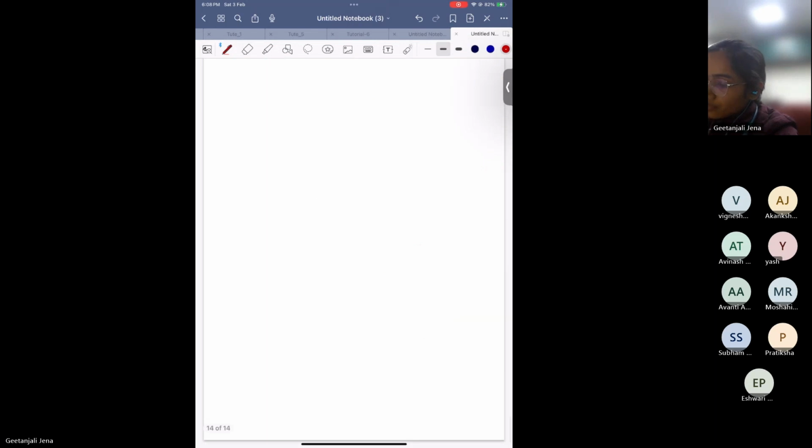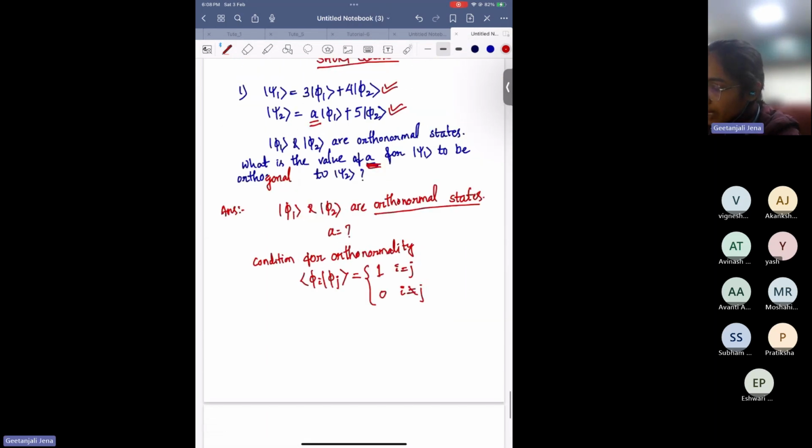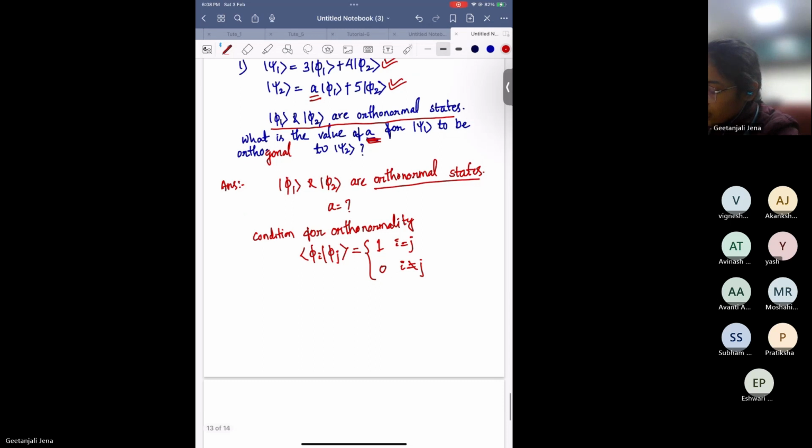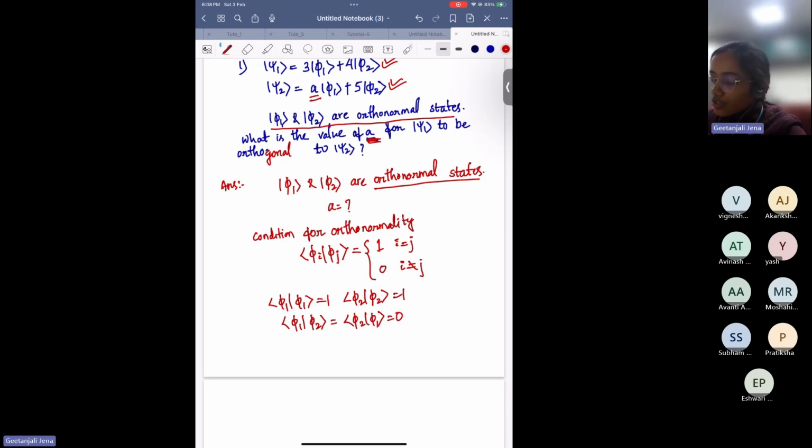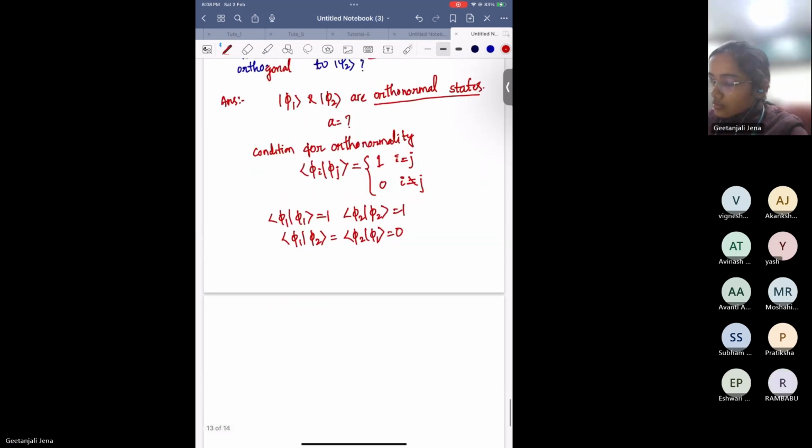Now given phi1 and phi2 are orthonormal states, this means the inner product of phi1 with phi1 equals 1, phi2 with phi2 equals 1, but phi1 with phi2 will be 0.